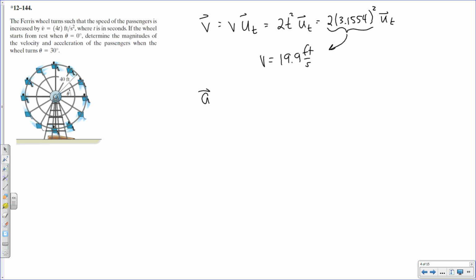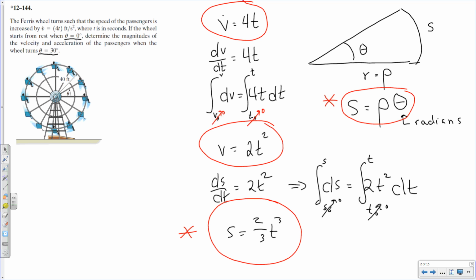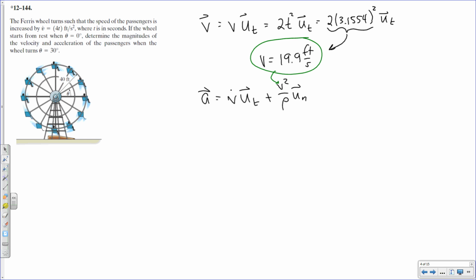The acceleration has 2 components, v dot in the tangential direction and v squared over rho in the normal direction. We just solved for v above, so that can get plugged in here. The only thing left to solve for is v dot. We have the equation for v dot. We were provided that at the very beginning. That's equal to 4t. So very formally, acceleration is 4t in the tangential direction plus v squared over rho, just leave it like that, in the normal direction.